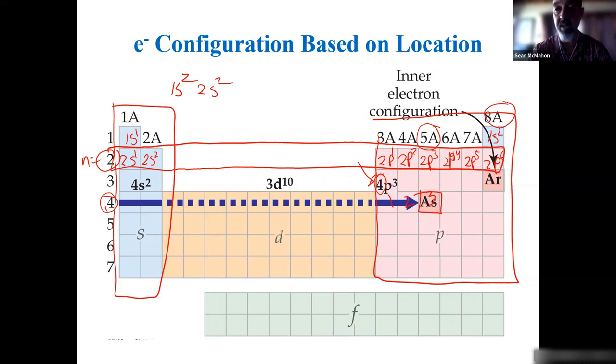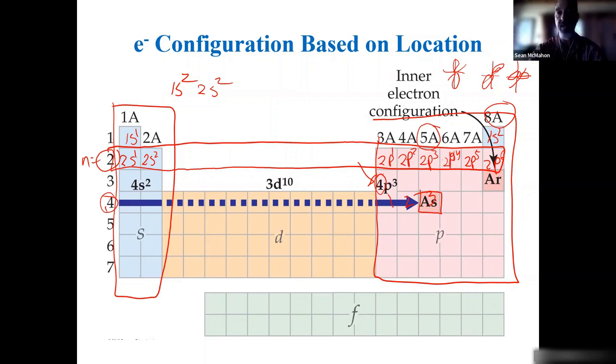Remember, the P sublevel had your PZ, your PX, and your PY orbitals in that P sublevel. So you have 3 orbitals.